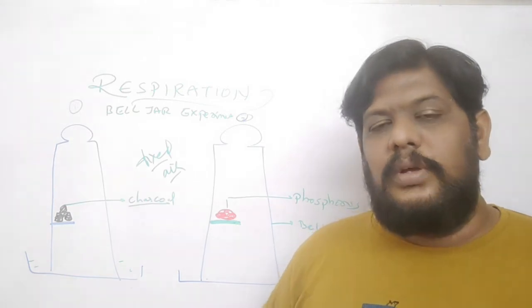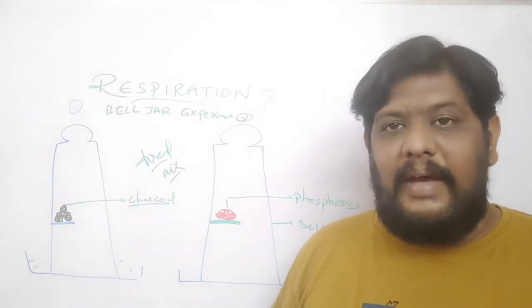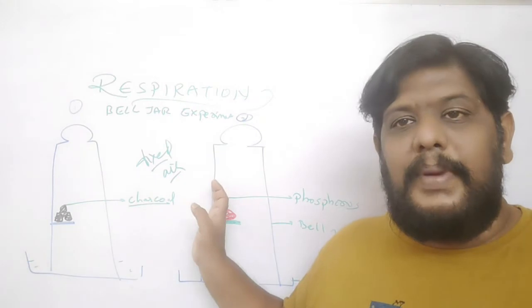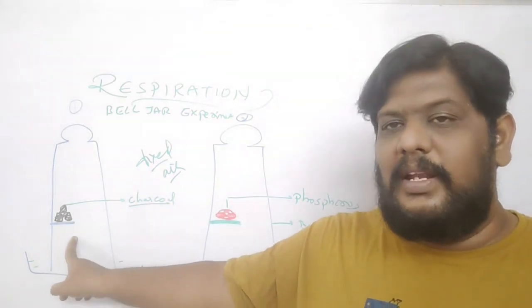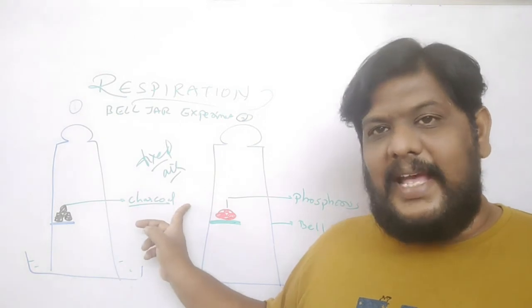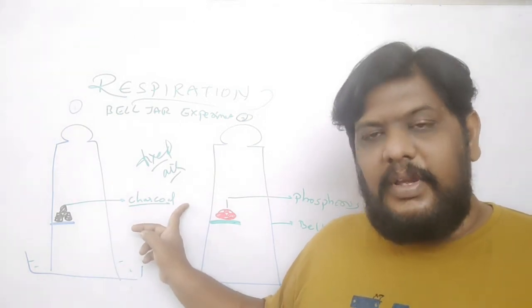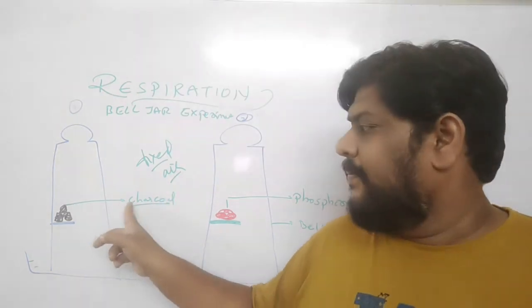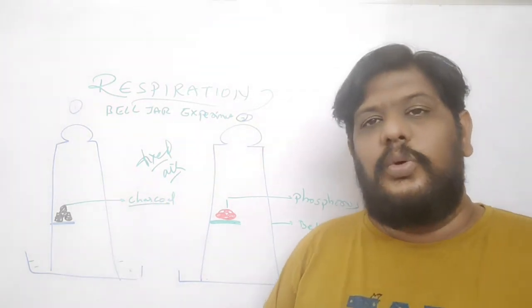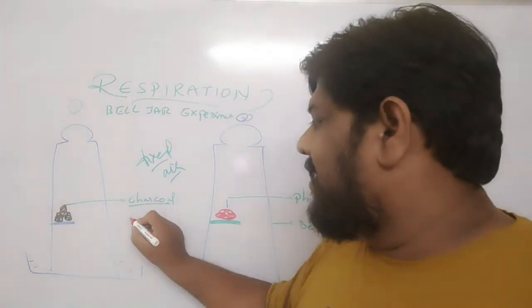These two conclusions were made by Lavoisier after doing this bell jar experiment. In the first experiment, the gas which is given out he called fixed gas, which we now call carbon dioxide, but at that time it was not known, so he named it the fixed gas, or also the chalky acid air.